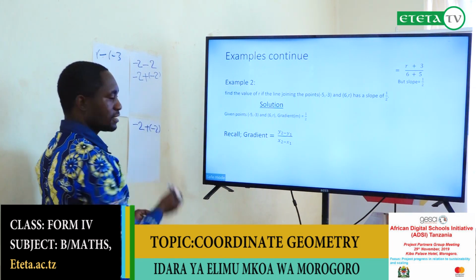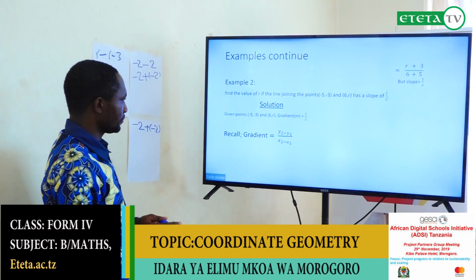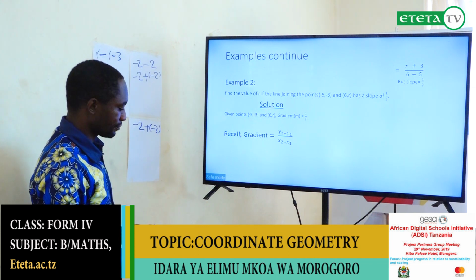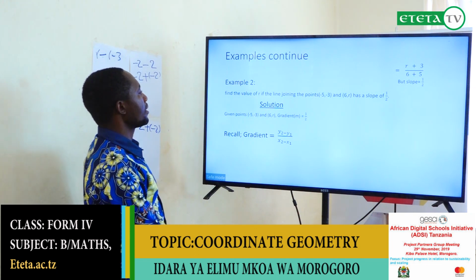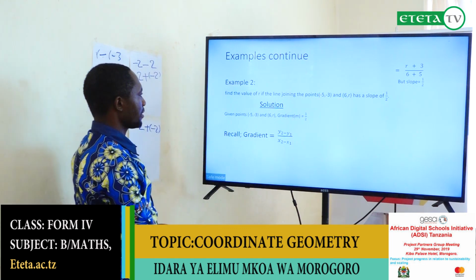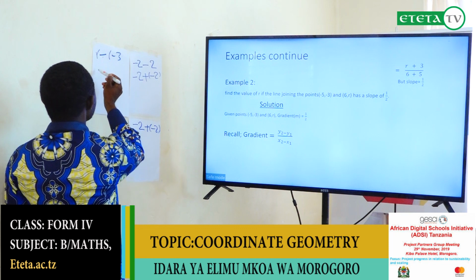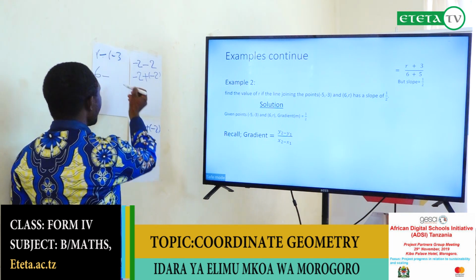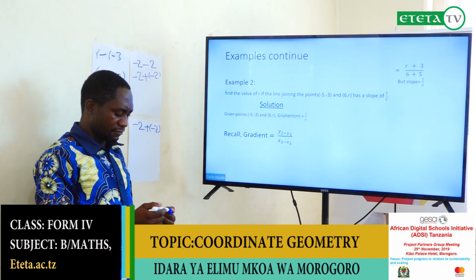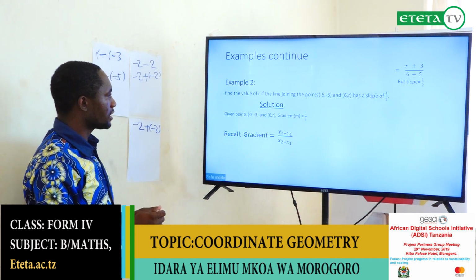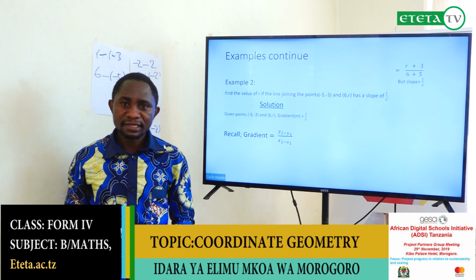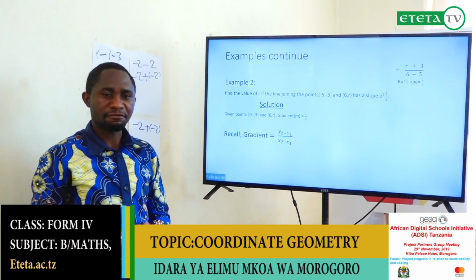Negative times negative we get a positive. That's why we have R plus 3 divided by 6 minus -5. We have negative and a negative. Negative times negative we get positive. That is why we have got 6 plus 5.